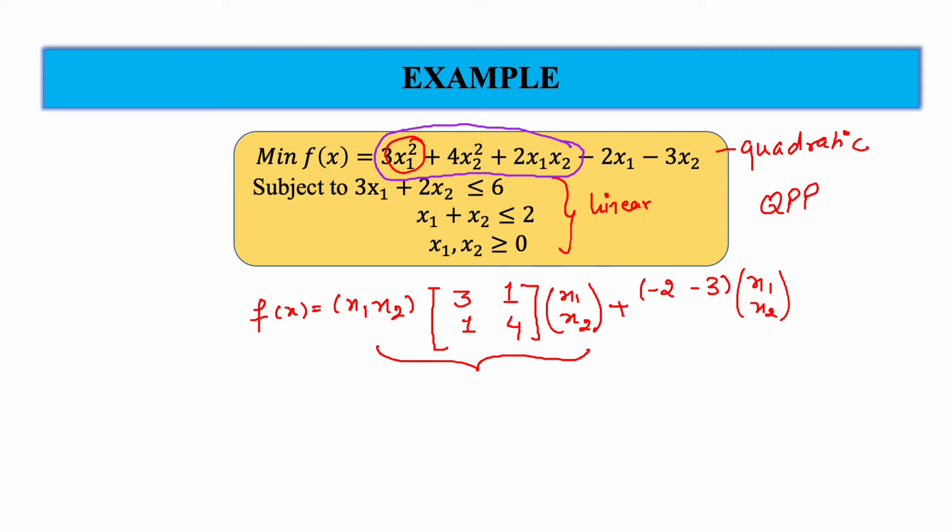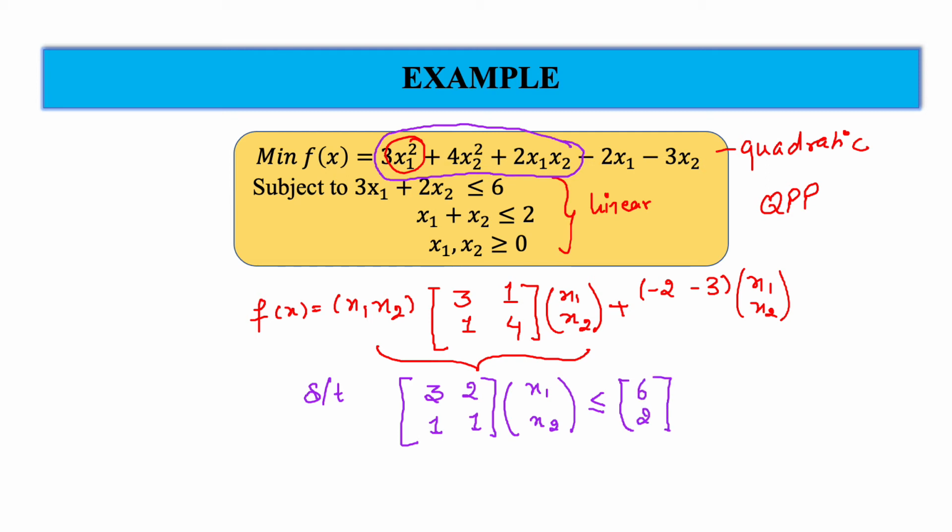The constraints are: subject to the matrix [3 2; 1 1] times [x1; x2] less than or equal to [6; 2], and x1, x2 should be greater than or equal to 0.